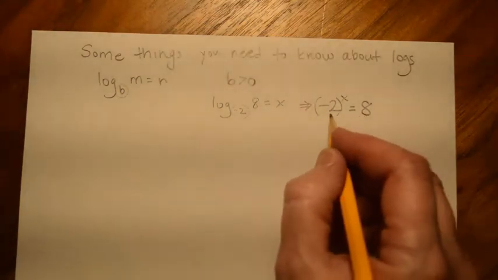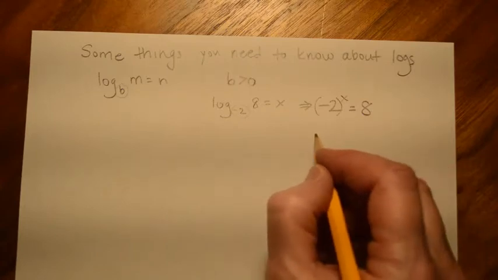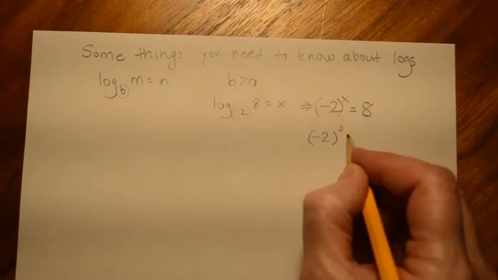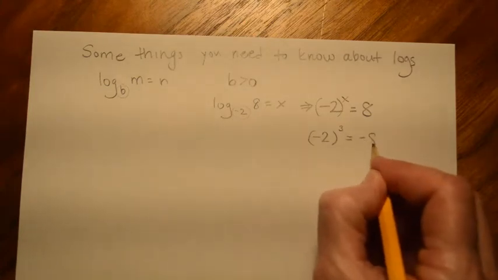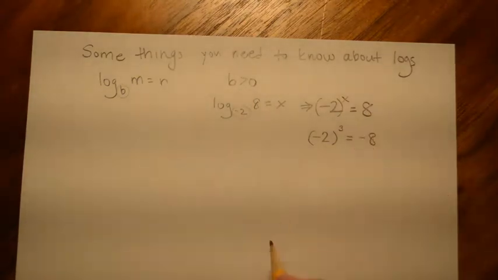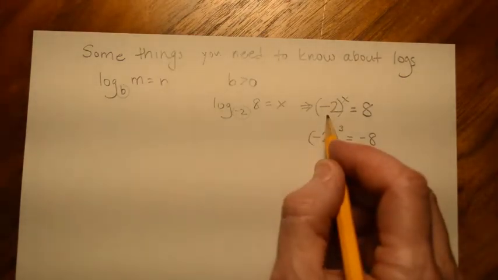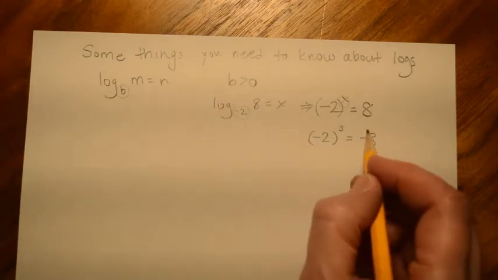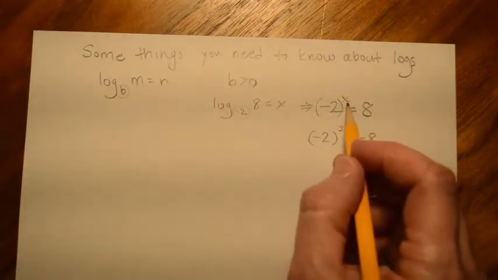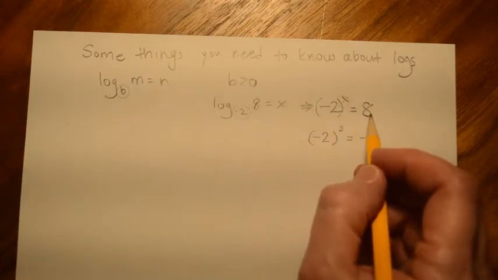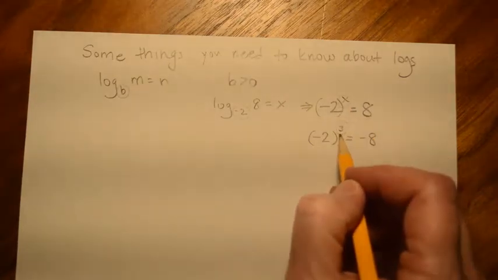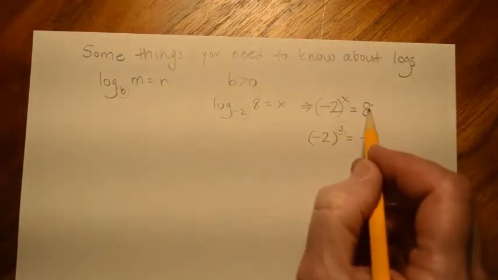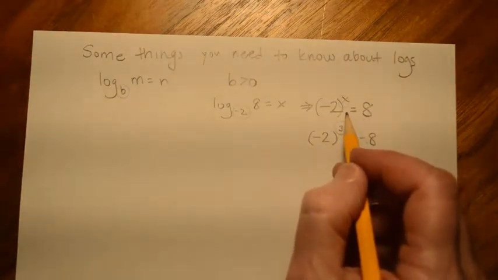Well, you might say, oh, I recognize that 2 to the 3rd power is 8, but then we get this. -2 to the 3rd power is actually equal to -8, not +8. There is no number that I can fill in here where I'm going to end up getting a +8. The only number that would make it 8 is 3, but then I'm going to end up with a -8. So we just would not have a solution to this.